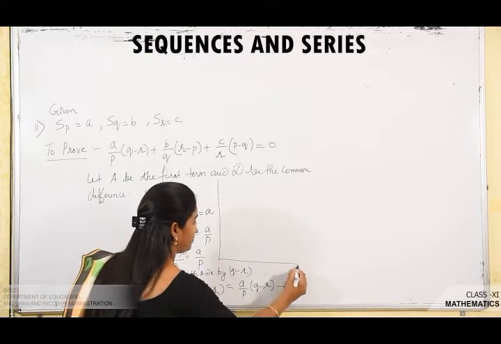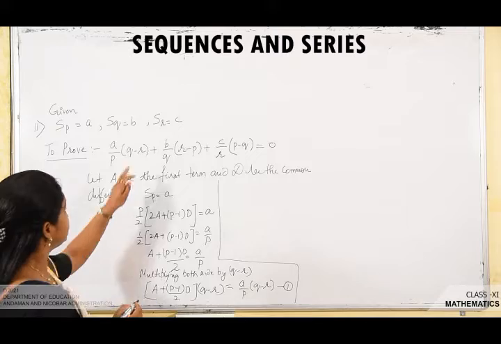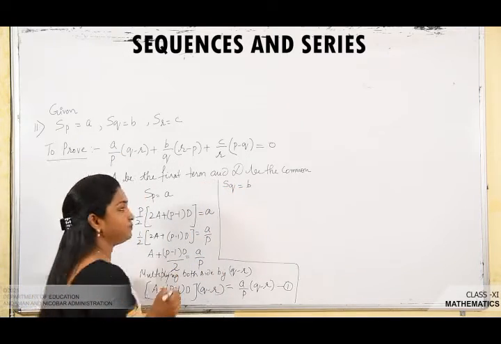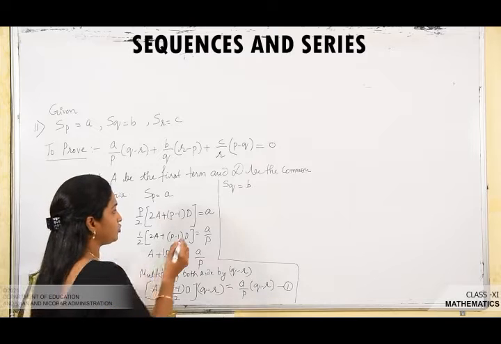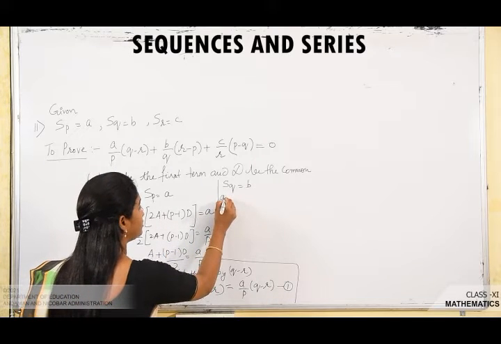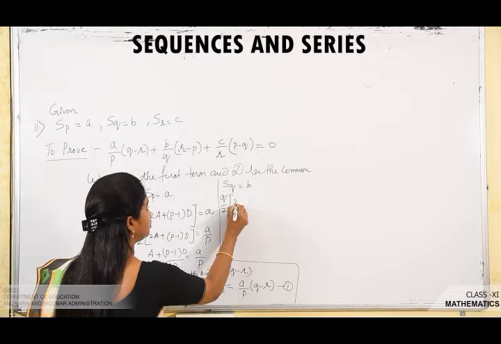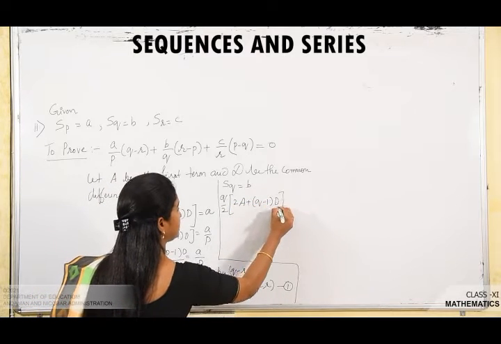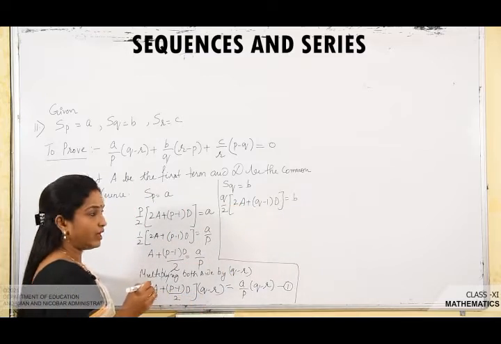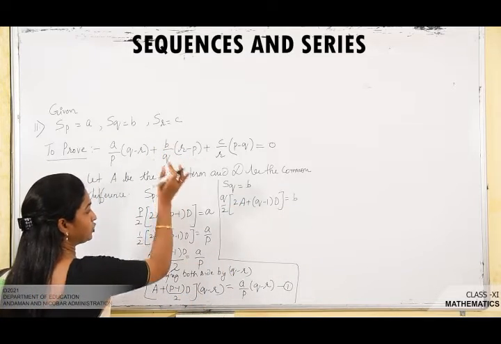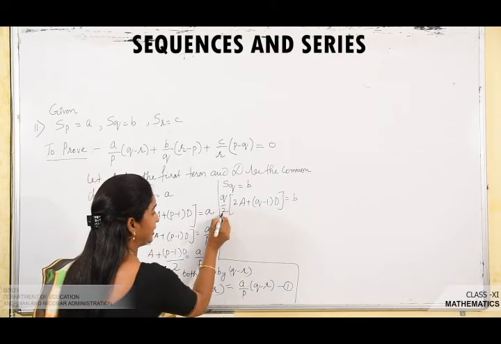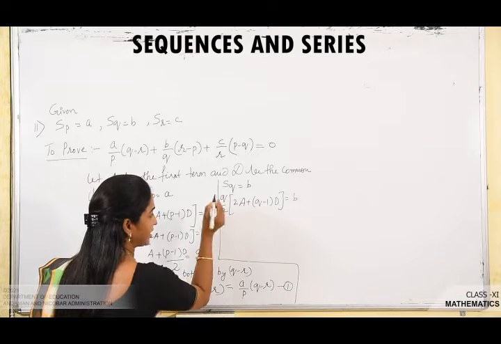Then you will take the second one, which is SQ is equal to B. So SQ is equal to B, again sum to Q terms. So Q by 2, 2A plus Q minus 1 into D is equal to B. Again what I will do, because I need B by Q, I will take this Q here to the right hand side. So and multiply half inside, 2 gets cancelled out.